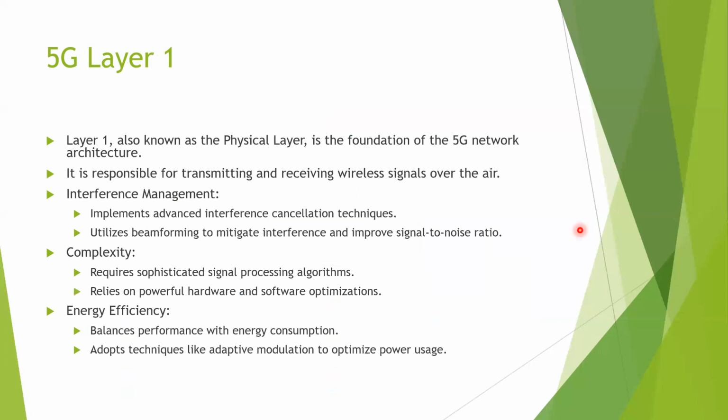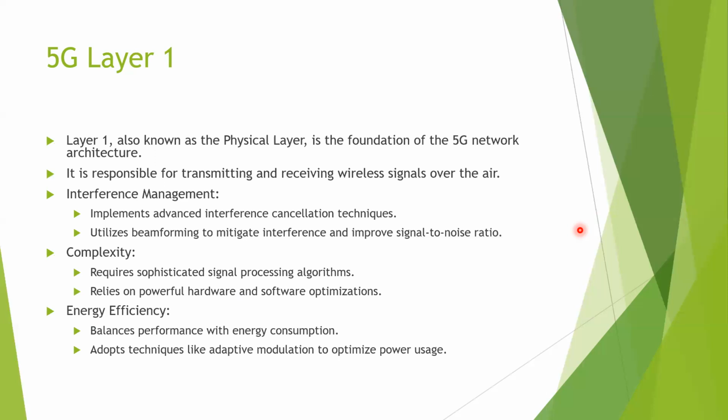So now let's go to 5G layer 1. 5G layer 1 is also known as the physical layer in the 5G network architecture. It's responsible for transmitting and receiving wireless signals.